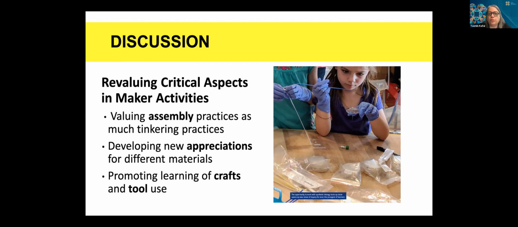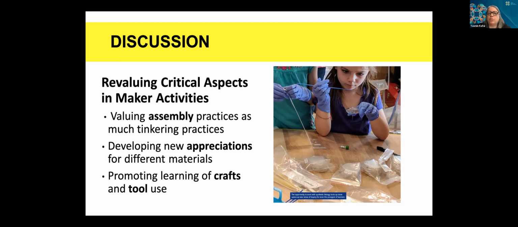I think you heard this also in today's keynotes. There really should be a new appreciation for different materials. We're so used to working with digital and physical materials. The living media present another world. And then finally, I heard Mike Horn say this yesterday in the Mike Eisenberg panel: crafts and tool use need to be valued as well.